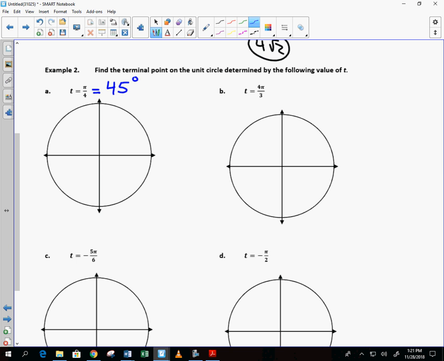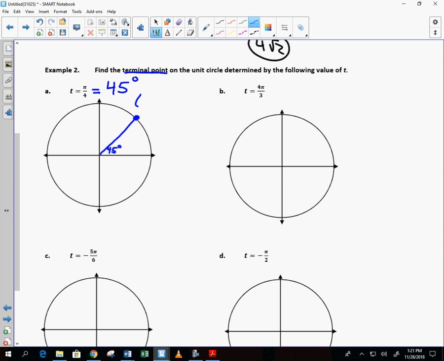So I am going to draw the angle at 45 degrees. My goal when it says find the terminal points is to find that coordinate.